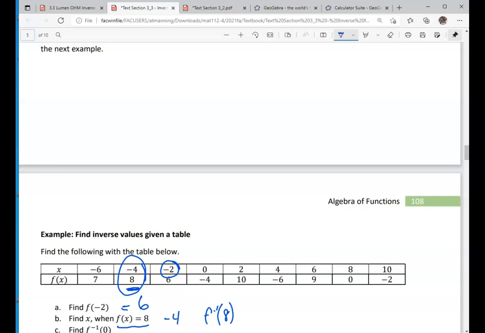All right, so f inverse of 0 means what x gave me an output of 0? Well, the only x that gave me an output of 0 is here, so I know that the x that gave me an output of 0 was 8.